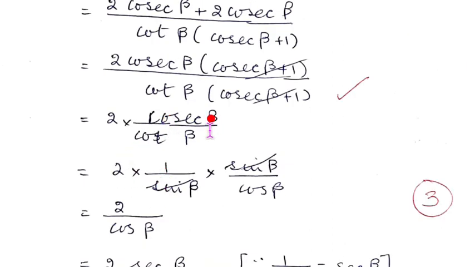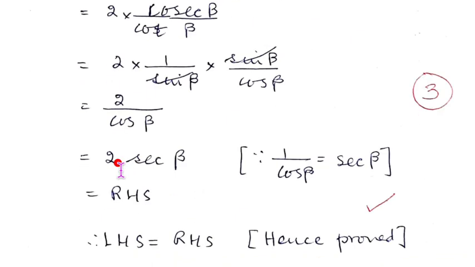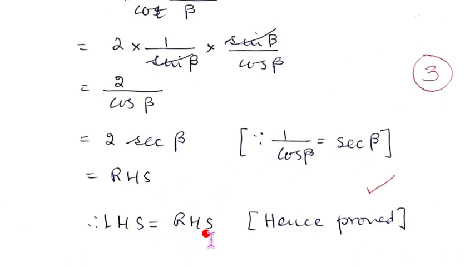So 2 into cosec means 1 upon sine beta. And divided by cot beta means divided by cos beta upon sine beta. So you multiply by sine beta upon cos beta. Sine beta gets cancelled. And then we have 2 upon cos beta. 2 multiplied by 1 upon cos beta means sec beta. Can you see the reason here? Which is equal to RHS, and therefore LHS, RHS, they are equal, hence proved.